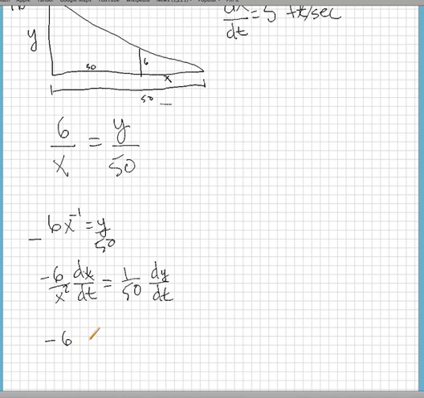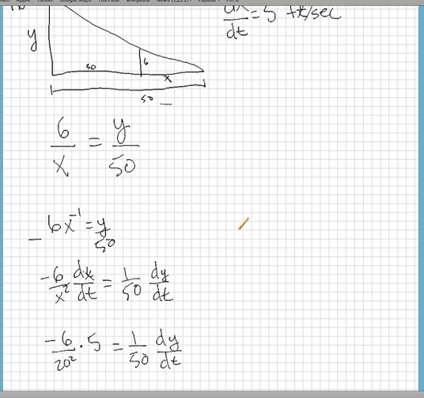So this is going to be negative 6 times 5, over 20 squared, equal to 1 over 50 dy/dt. And now all we need to do is solve for dy/dt, and we'll get the rate of change of the shadow.